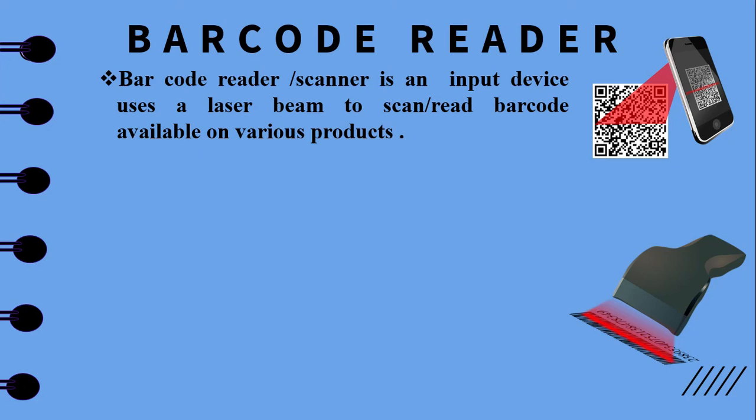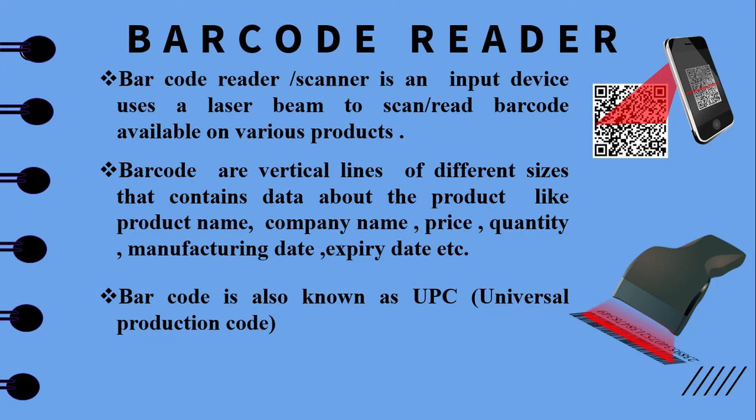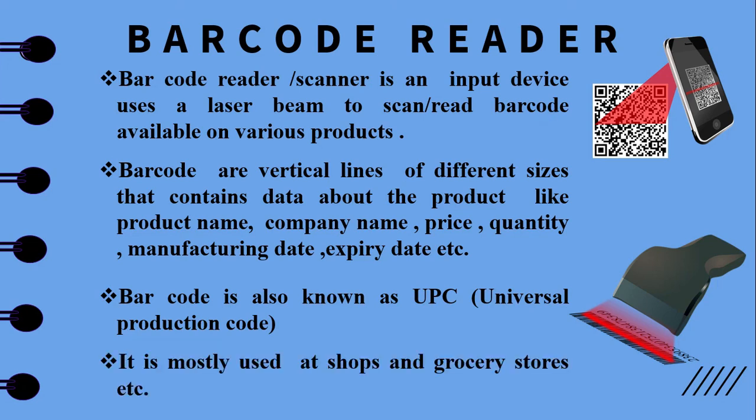Barcodes are vertical lines of different sizes and shapes that contain data about the product like product name, company name, price, quantity, manufacturing date, expiry date, etc. Barcode is also known as UPC, Universal Product Code. It is mostly used at shops and at grocery stores.